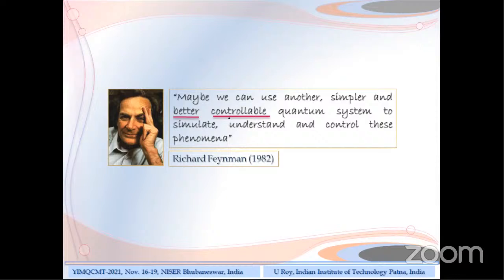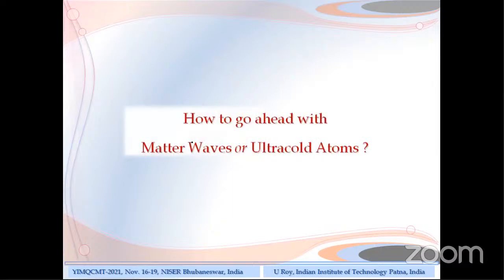The word controllable comes from the tunability of the system, which is already there. And better means the stability and robustness, since it has all the quantum properties which may be useful for applications. So to go ahead with this, how do we address ultra-cold atoms?